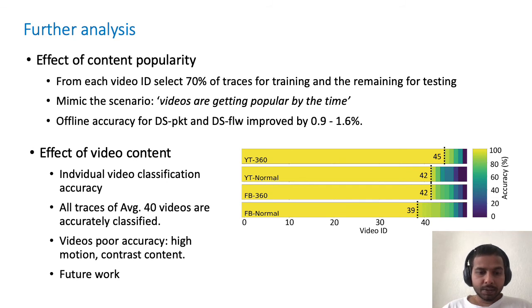As you can see in this figure, for all the categories, on average, 40 videos could give the maximum performance. There were also a couple of videos which gave a poor accuracy level, especially in the normal video categories. Those videos had high motion and contrast content. We will keep this effect of video content on the 360NorVic classification as future work.